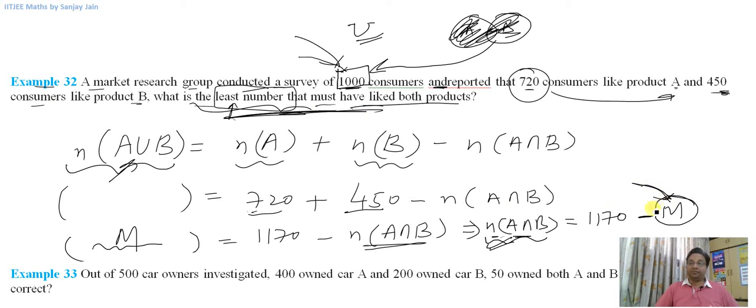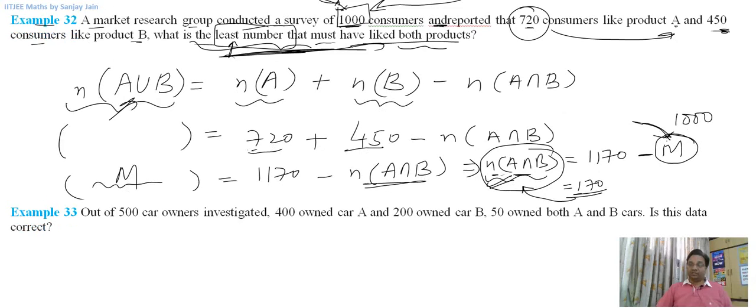So for this number to be minimum or least, M has to be maximum, which is 1000, and this will give me 170 as my answer, the least number of customers who like both the products, okay?